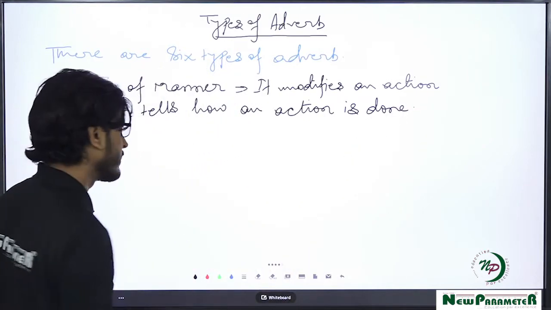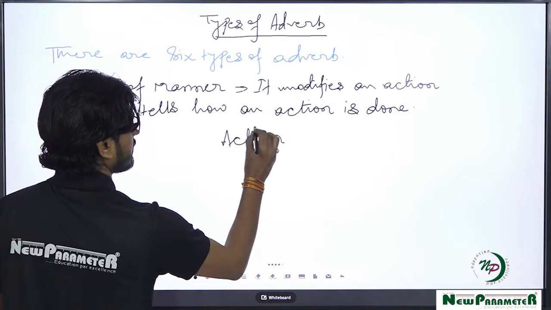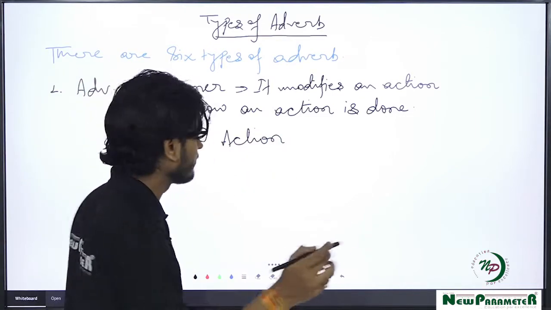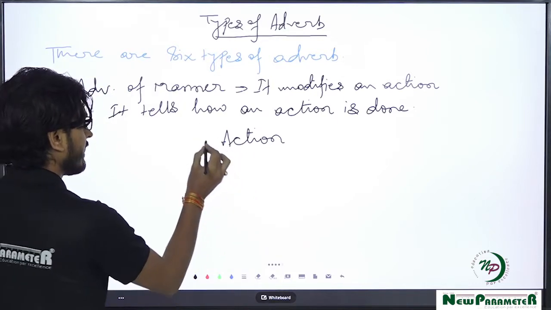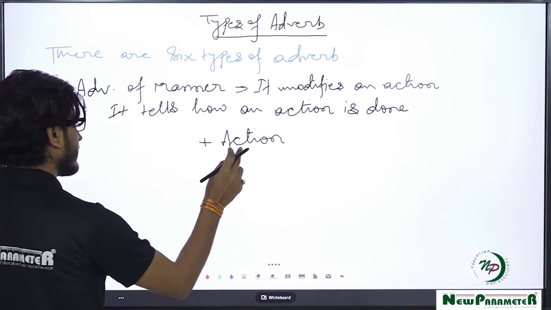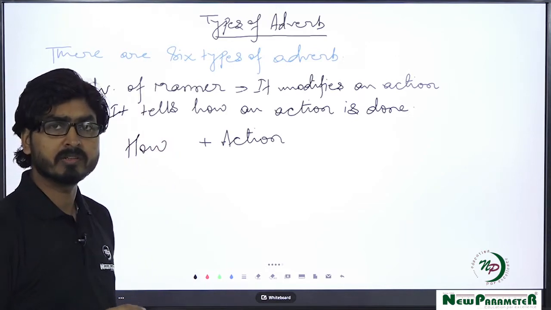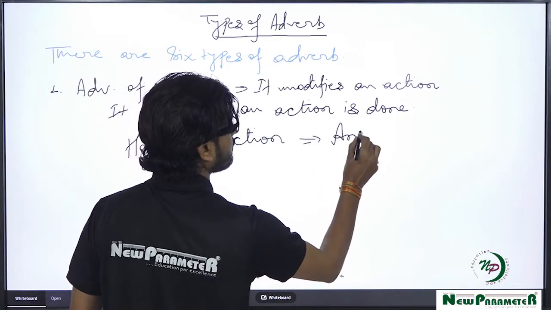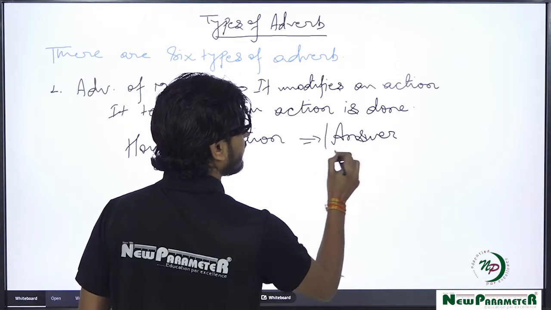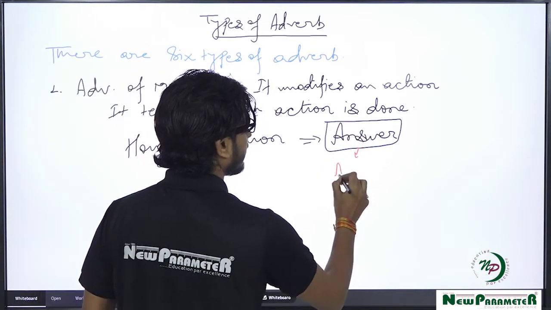Whenever we ask a question to an action, suppose I'm just giving you a very short trick so that you will feel comfortable. Whenever we ask a single question to this action, how means what? The manner. Whatever answer we get here, this answer will be what? An adverb of manner.